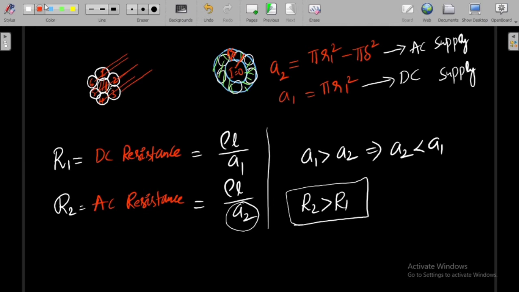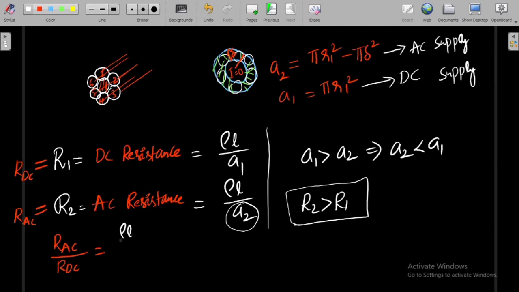Now what is R1? It is RDC. What is R2? RAC. Now the ratio of AC to DC resistance is equal to, here if you take the ratio, what is RAC?